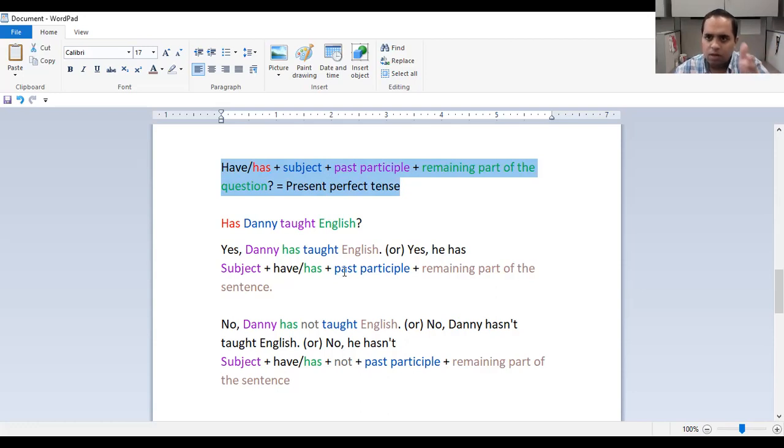Has is singular. Subject plus past participle plus the remaining part of the question. Has Danny taught English? The positive, yes, he has, or yes, Danny has taught English. The negative, no, Danny hasn't taught English, or no, he hasn't.